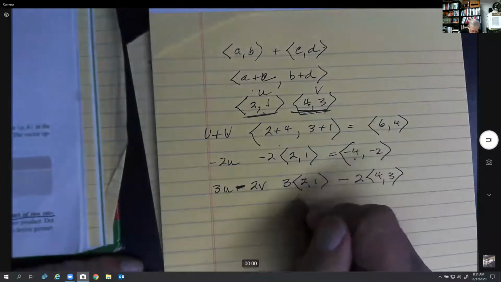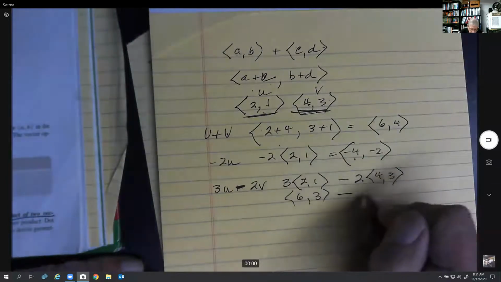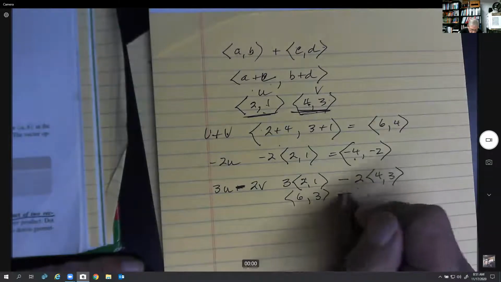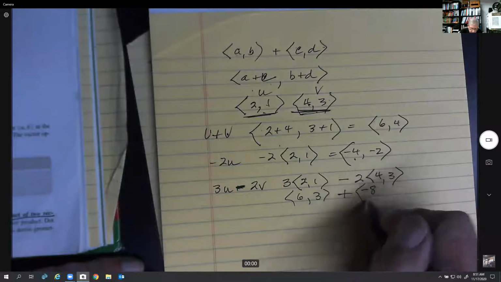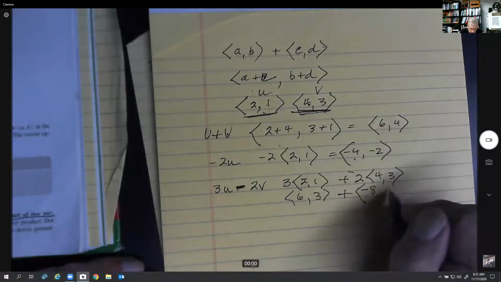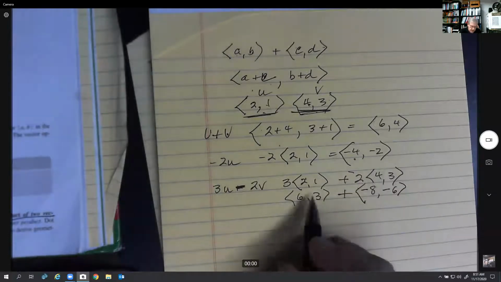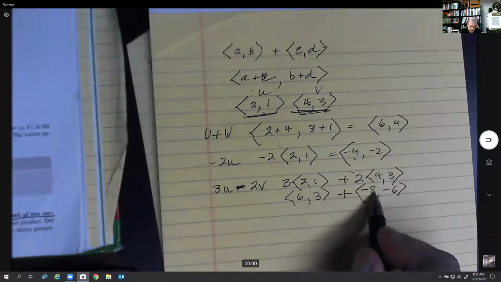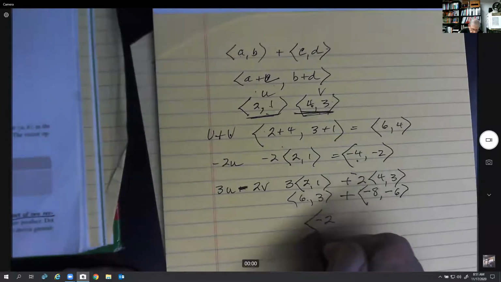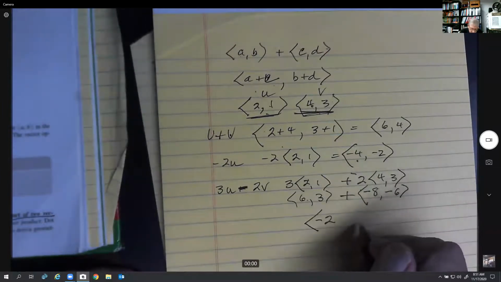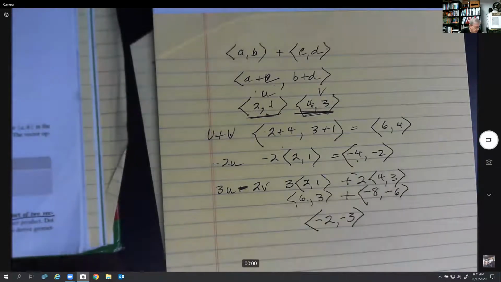So this would be 6, 3, minus, well, let's put plus a negative 8, negative 6. So this is going to be 6 plus negative 8, that's going to be negative 2. Last plus last, 3 plus negative 6, that'll be negative 3. And there's my new vector.